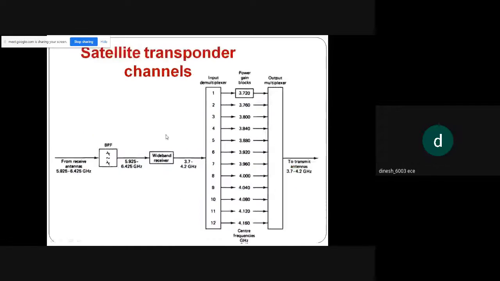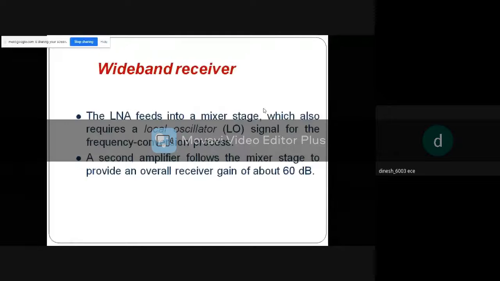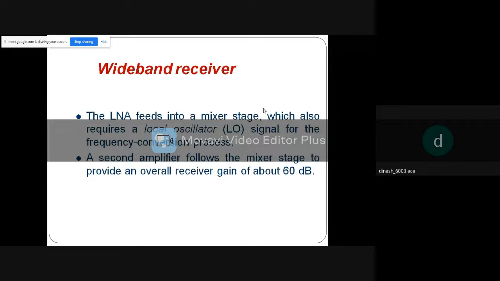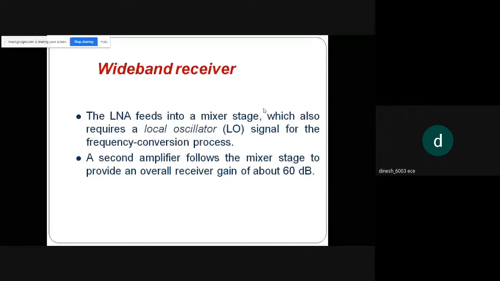Okay, we have this wideband receiver, which is enlarged here. What happens in the transponder is this. The low noise amplifier is fed into a mixer stage, which requires a local oscillator signal from the frequency conversion process, and a second amplifier follows the mixer stage to provide an overall receiver gain of 60 decibels.